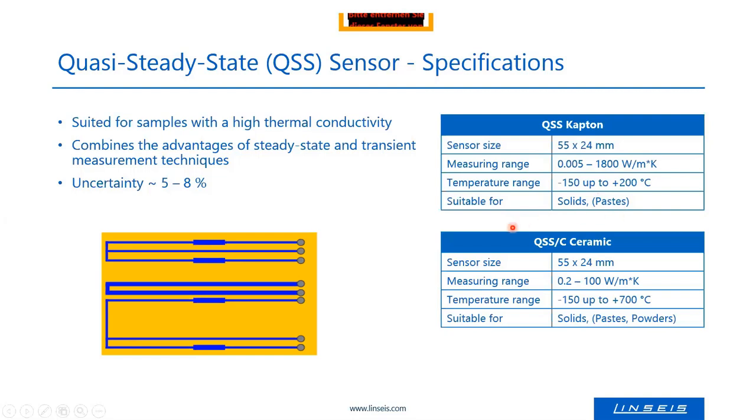The ceramic one is limited with respect to the measuring range. The ceramic QSS sensor, which can measure up to 700 degrees Celsius, can measure up to 100 watt per meter Kelvin.